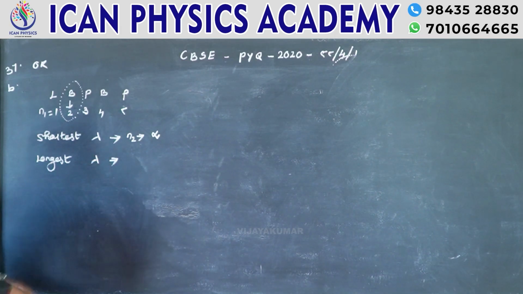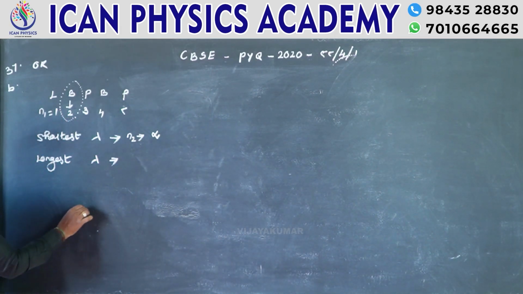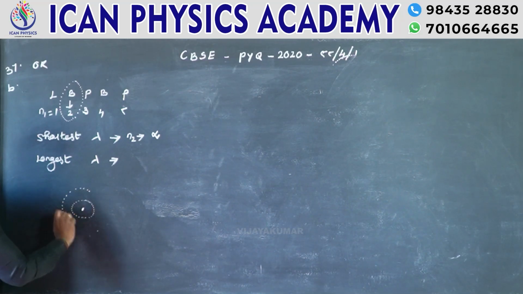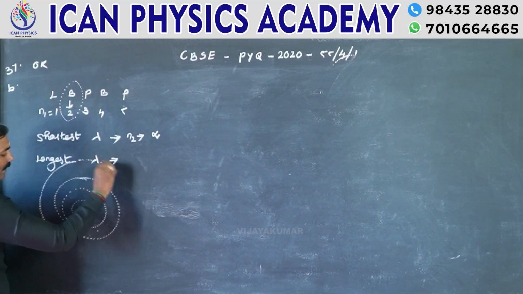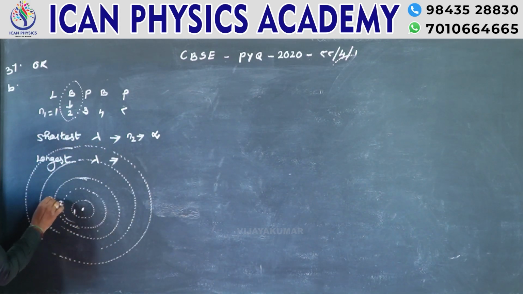For the longest wavelength, it depends on the case. For Balmer, the nucleus is at the center, and the electrons are revolving in particular orbits, 1, 2, 3, 4, 5.